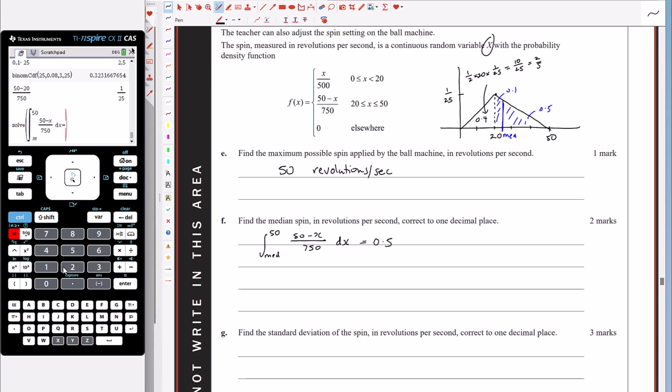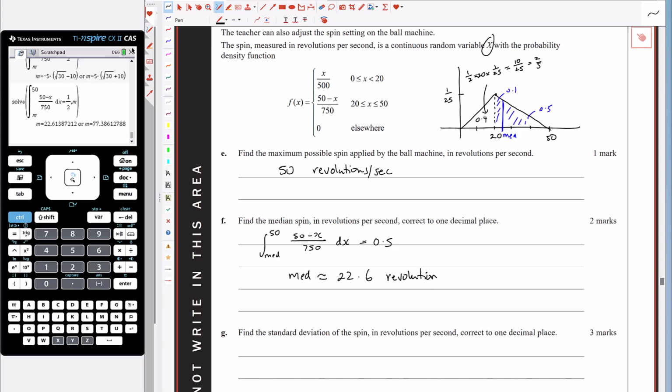That has to equal 0.5 or half. Solve that for m. Obviously we can see that the median has to be between 20 and 50, so it must be the 22.6. So the median is 22.6, and that's got units, revolutions per second.